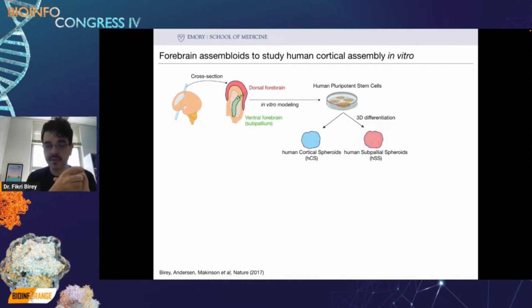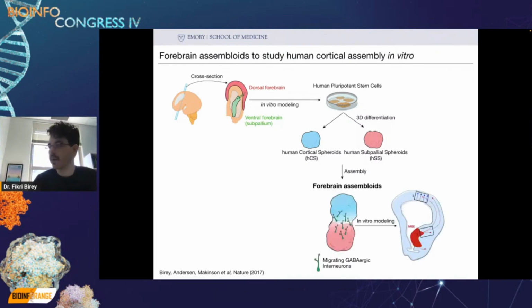Subpallium is another name for the ventral forebrain, and we assemble these subpallial spheroids with the cortical spheroids so that we can start modeling processes like interneuron migration and integration onto the excitatory circuits. And we ended up calling these models forebrain assembloids.